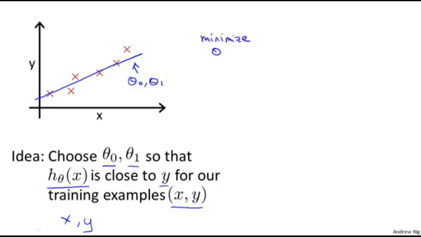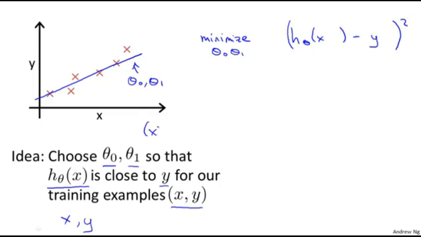So I'm going to write minimize over theta 0, theta 1. And I want this to be small, right? I want the difference between h of x and y to be small. And one thing I might do is try to minimize the squared difference between the output of my hypothesis and the actual price of a house.